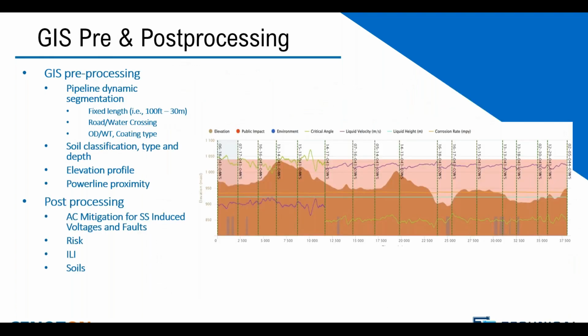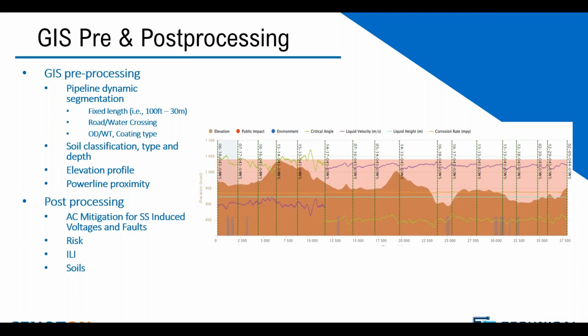Other types of GIS pre-processing. So again, the dynamic segmentation. This is an example of a 37 mile or kilometer pipeline, I have to double check. And we've segmented, in this case, based on the location of ESDs. I believe this line crosses 8 or 9 different creeks or small rivers.